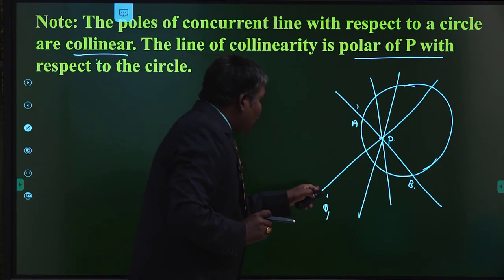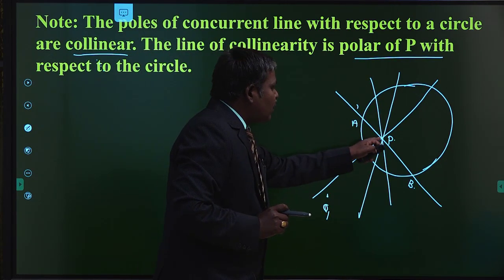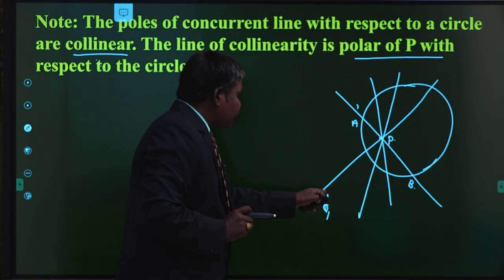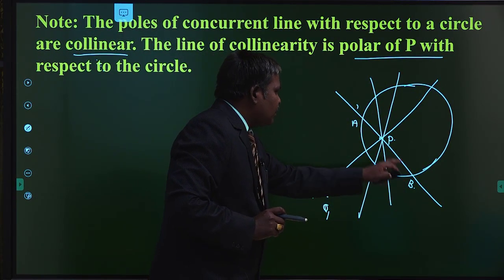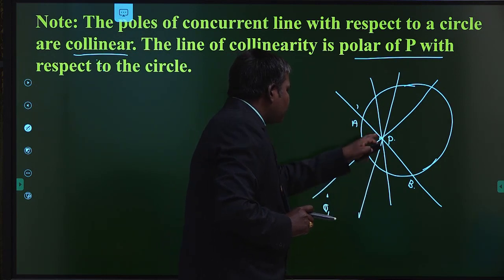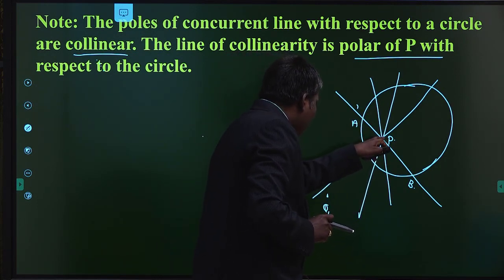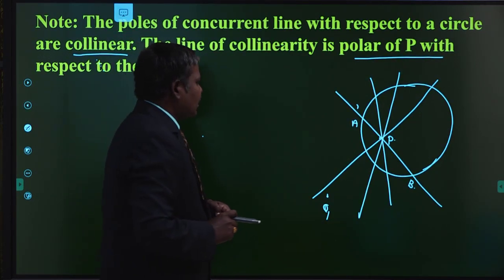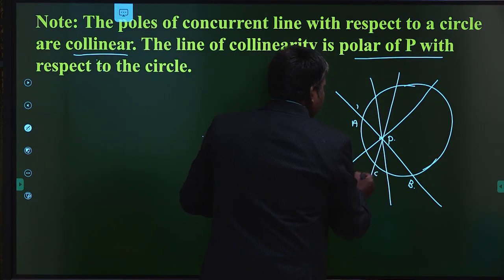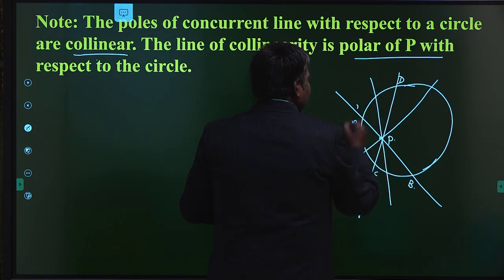Polar of Q1 passes through what? P. Polar of Q1 is what now? AB. Polar of Q1 passes through P, therefore polar of P passes through Q1 with respect to the same circle. Similarly, consider another line CD.